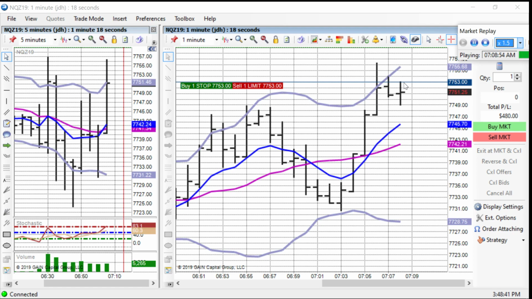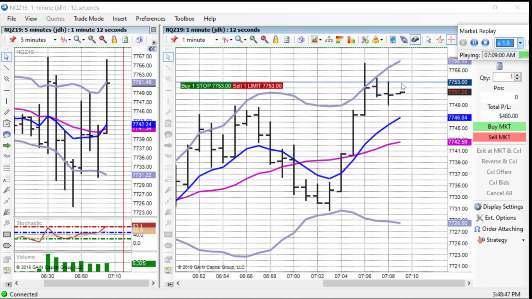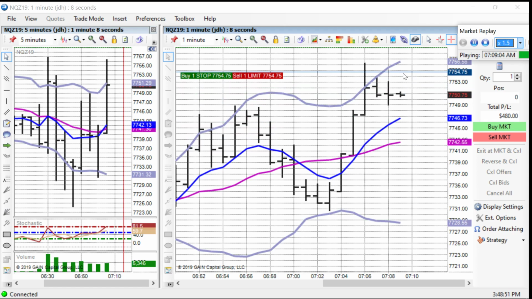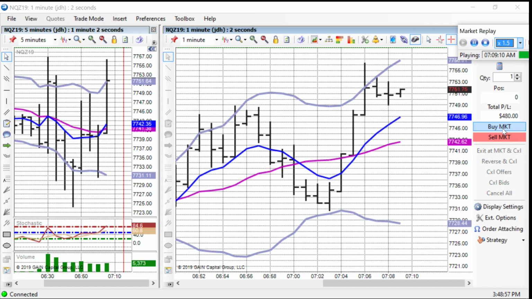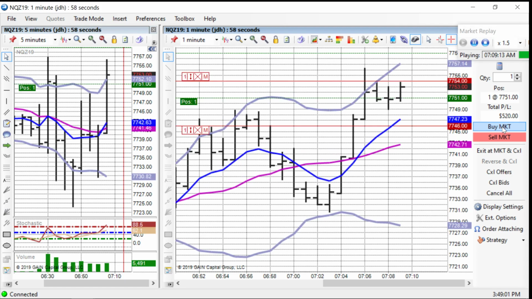Yeah, if it broke above the resistance area or the high of this price bar, it would drag this ADMA line up with it. So I want to see that momentum first. Looks like we're going to get it here. Okay.